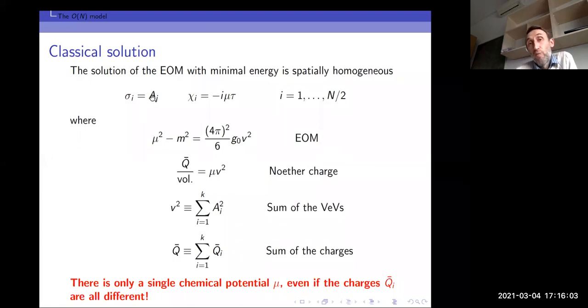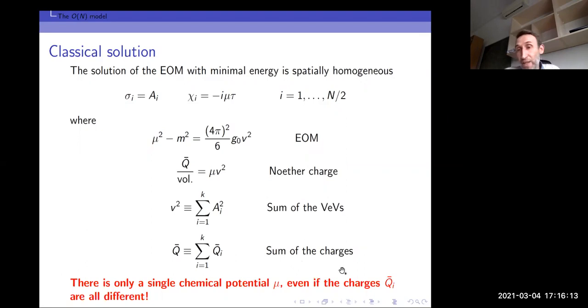There are now several phases, of course. But the important point is that, even in the ON model, even though there are multiple charges, there is only one chemical potential, mu.